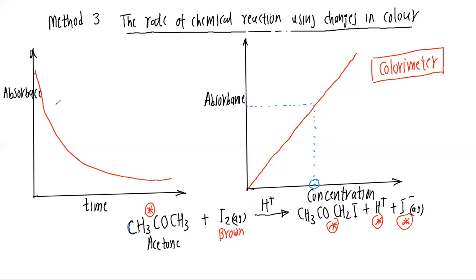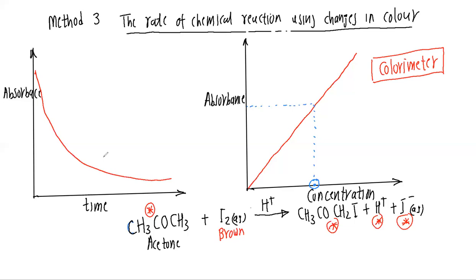It measures the intensity of the color, and you get what you call absorbance. As the time progresses, as the reaction proceeds, it will start falling. Absorbance keeps on changing, and that is what is measured.